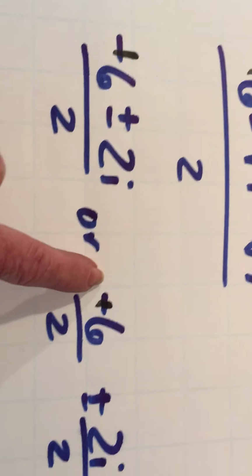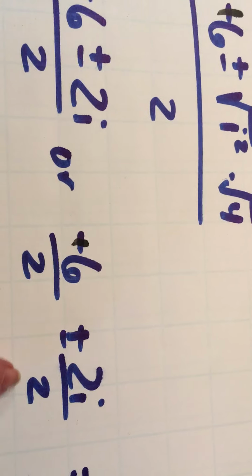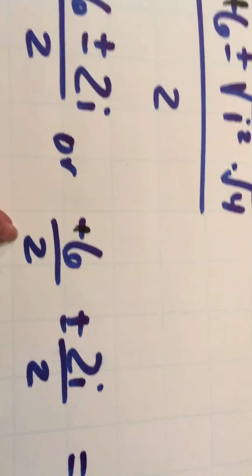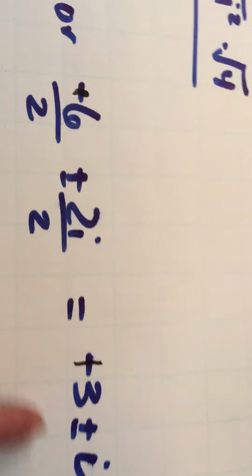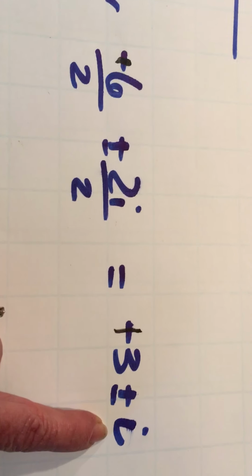When you simplify that, you could write it as 6 over 2 plus or minus 2i over 2. 6 divided by 2 gives me positive 3. 2i divided by 2 gives me plain old i. So my answer would be 3 plus or minus i.